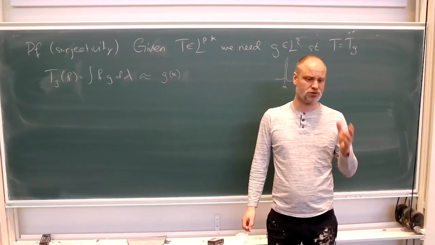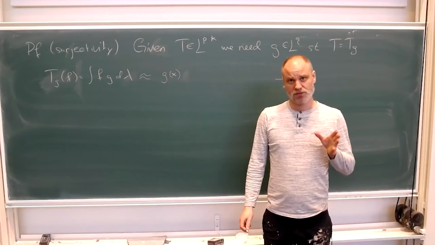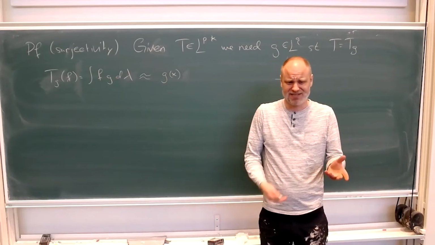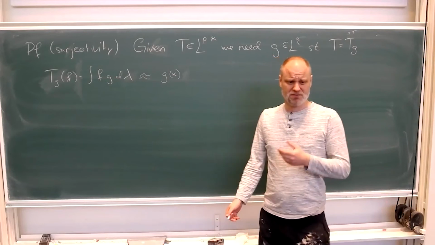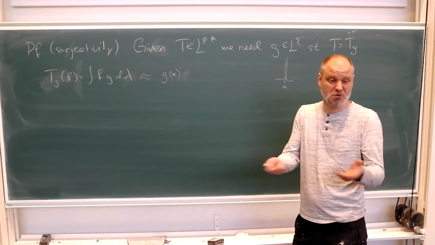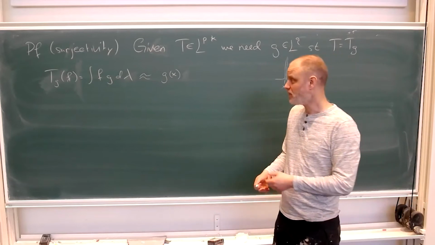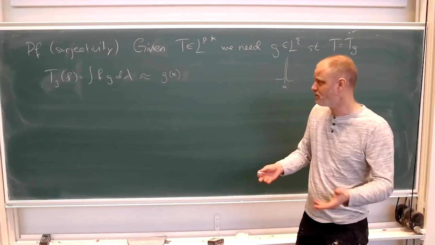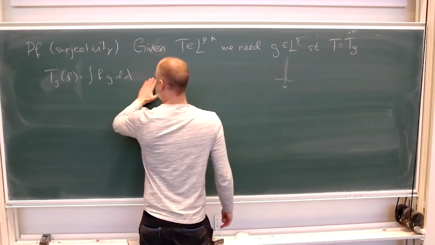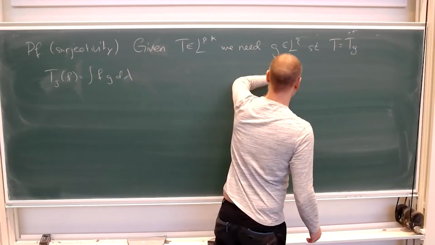That would be one way to construct a function g pointwise, but these functions are not even defined pointwise, so that seems like not the best way to go, right? Functions are just defined almost everywhere, and each representative is defined everywhere. Anyway, this is not how we're going to do it.